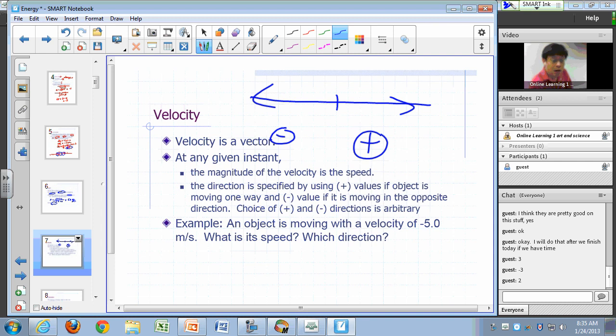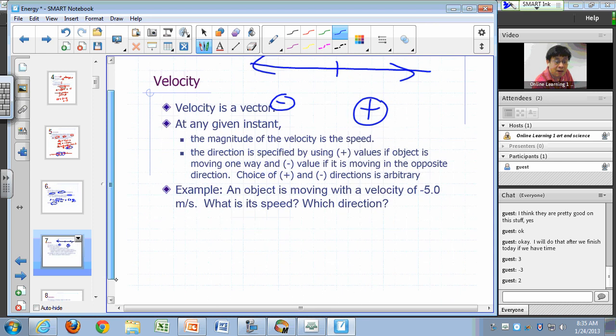So if you have an object with a velocity of negative 5 meters per second, what's the speed? Speed in this case would be whatever the magnitude is. So what's the absolute value of negative 5? It's just 5. So 5 meters per second.